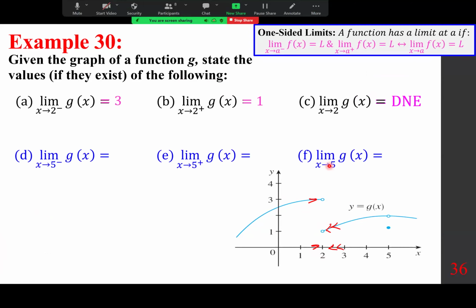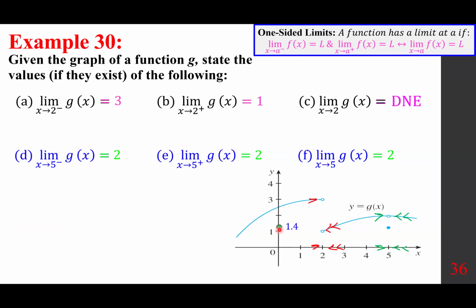We want the limit of g of x as x approaches 5. That's why we're going to look at it from both sides. Here's number 5. Here's the left side of number 5. Here's the right side of number 5. So as we approach 5 from the left and from the right, in both cases, we are moving towards this hole, which has a y coordinate 2, and therefore, because the two sides have the same limit, the limit exists and is equal to 2.